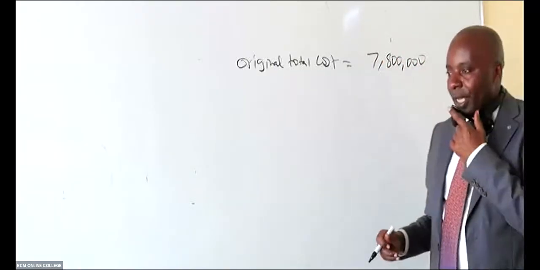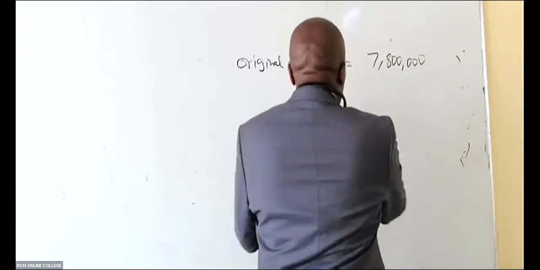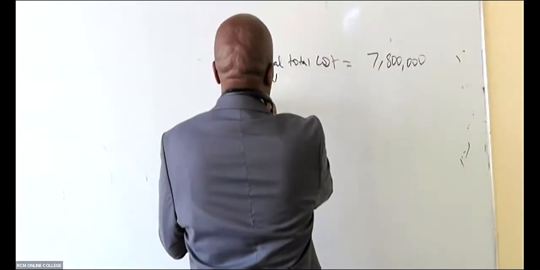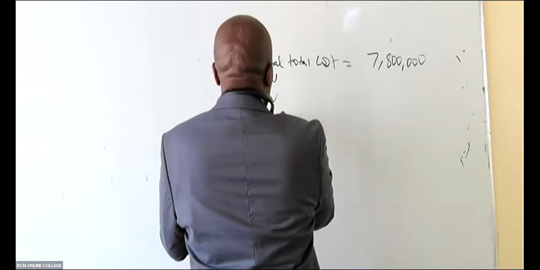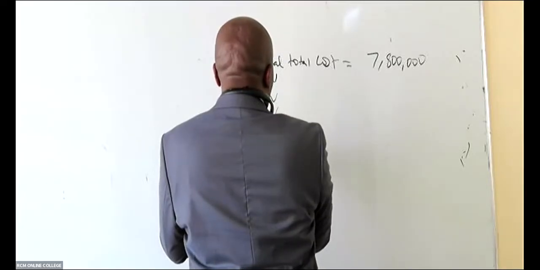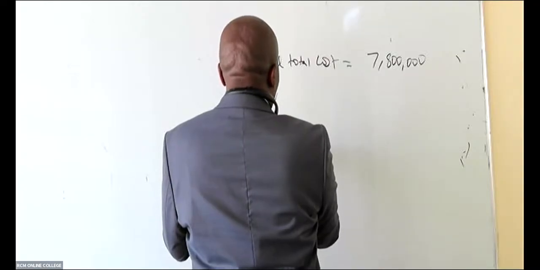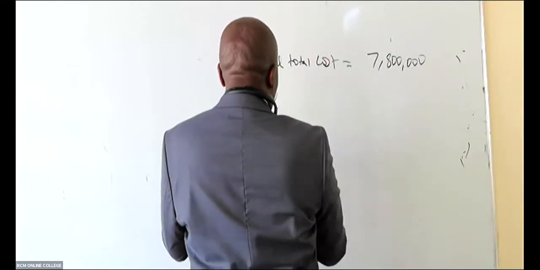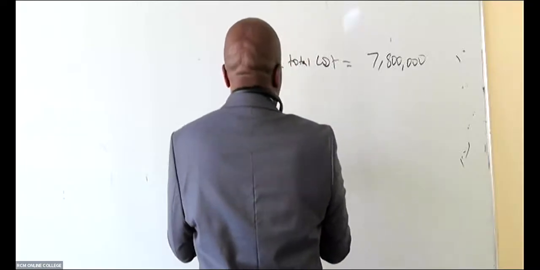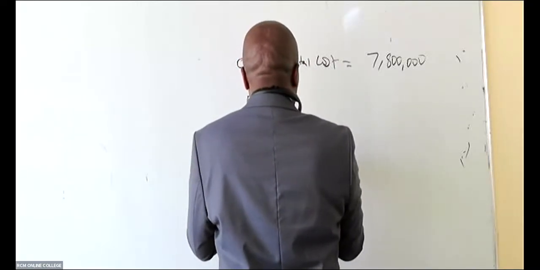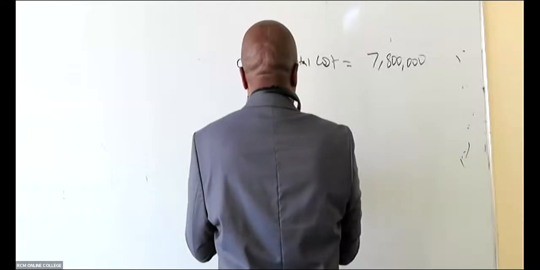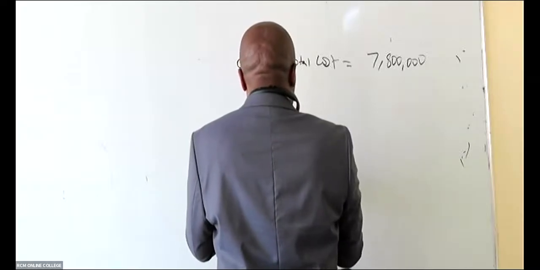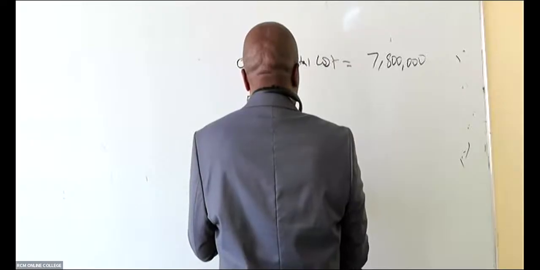Then in between, we have material price variance, material usage variance, labor rate variance, labor efficiency variance, variable overhead expenditure variance, variable overhead efficiency variance, fixed overhead expenditure, then fixed overhead volume.